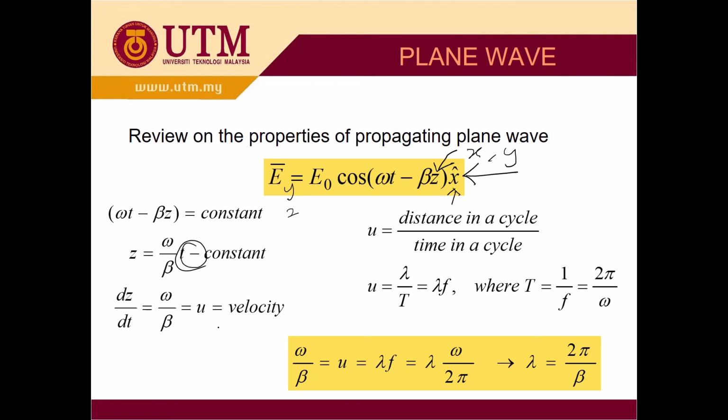This is what we call velocity, because it is distance divided by time: distance in a cycle divided by time in a cycle. Or u can also be represented as lambda divided by T, where lambda is the wavelength and T is the period of the wave. Or we can write it as lambda f, because frequency f is equal to 1 over the period.